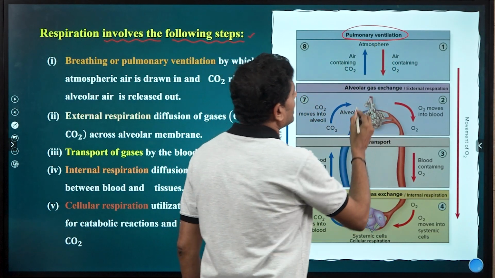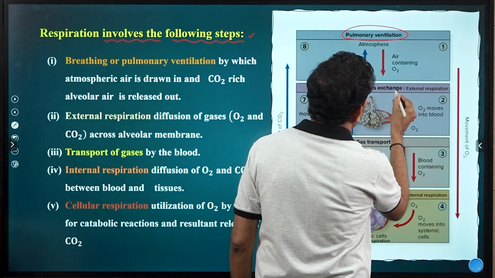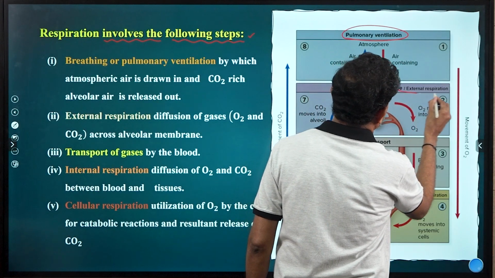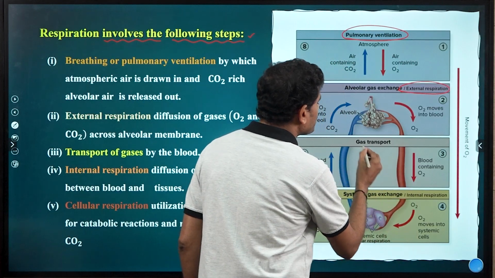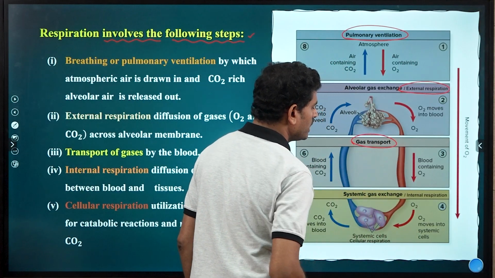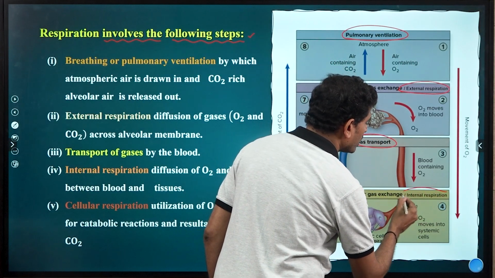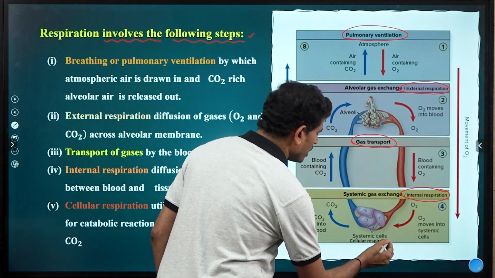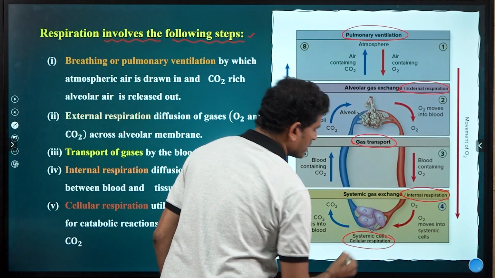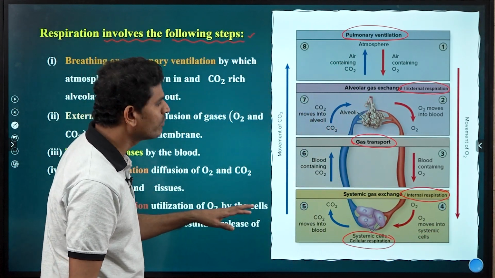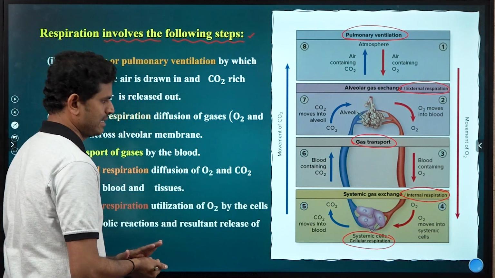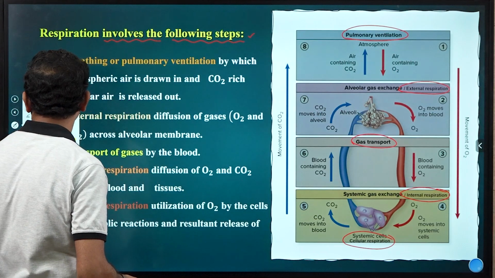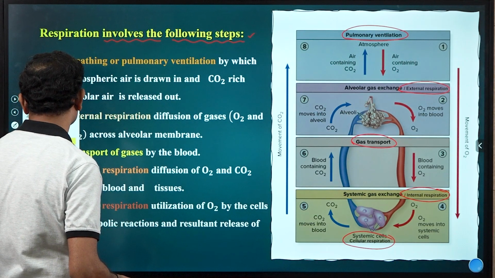The second one is alveolar gas exchange, or external respiration. Next, the third event is transport of gases. The fourth event is internal respiration, and the fifth event is cellular respiration. These are the five events through which gases will be exchanged. Let us see them in a little more detail.